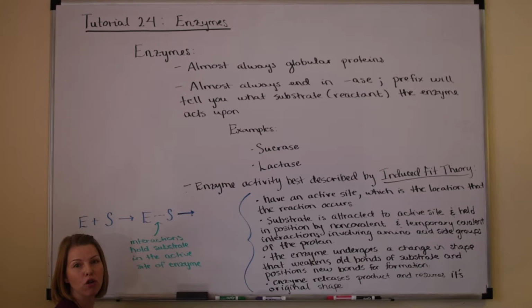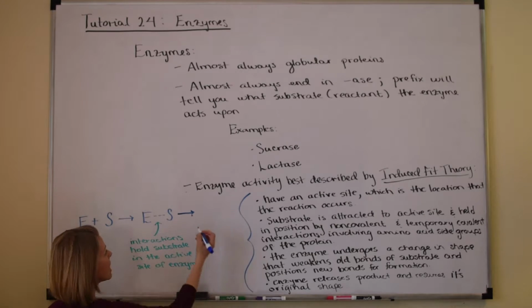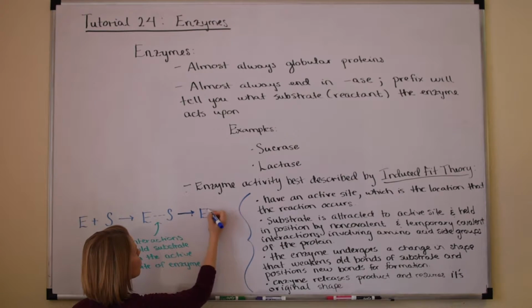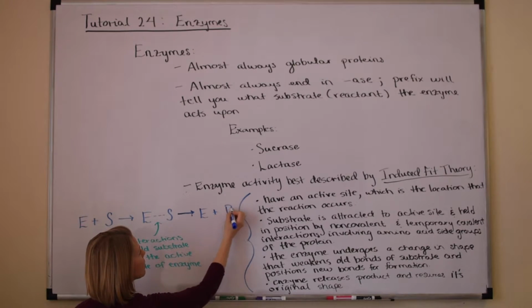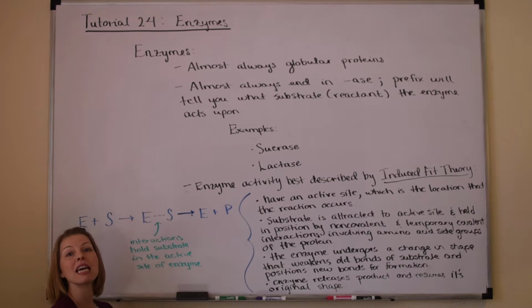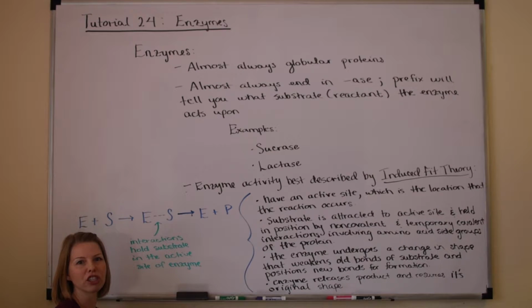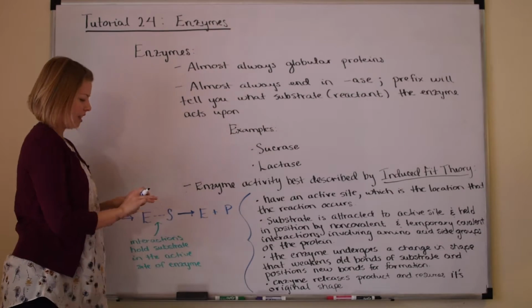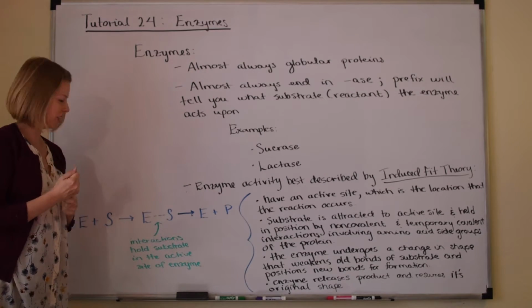Once those new bonds are formed and the substrate has been converted into the product, the enzyme releases that new product and resumes its original conformation. Now it's ready to catalyze another reaction all over again. Okay, let's go ahead and erase here.